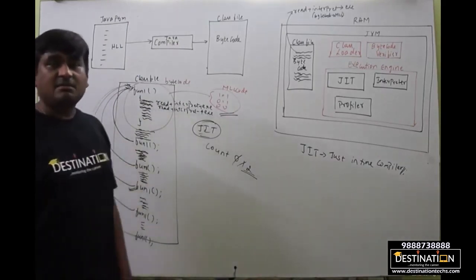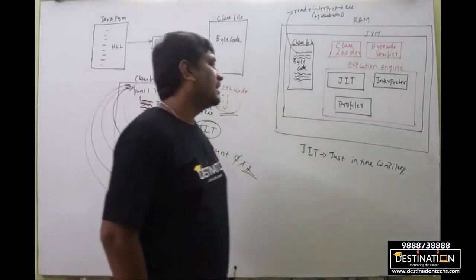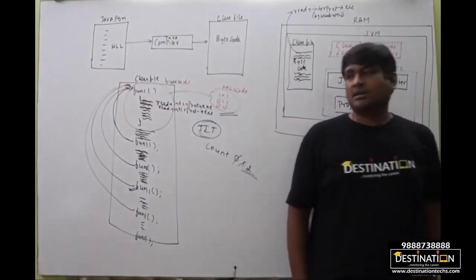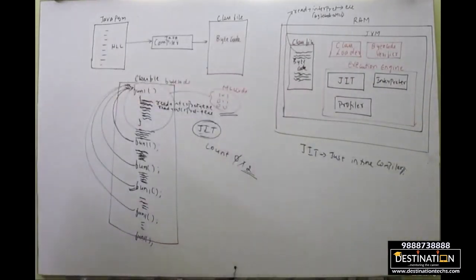So whenever a repeated method call occurs, JIT gets activated and helps to convert bytecode to native code. Full stop.